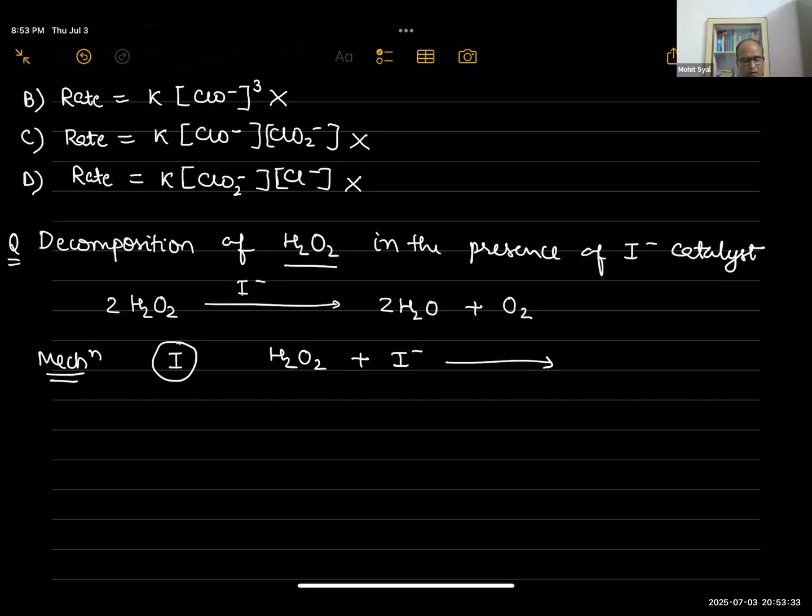So this is H2O2 and I minus. This is the first step. This is the slow step. And this is the second step, which is the fast step.